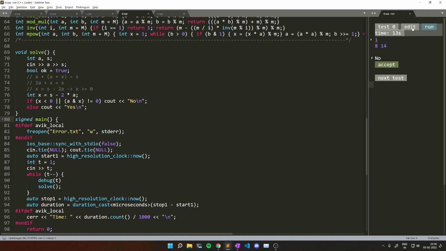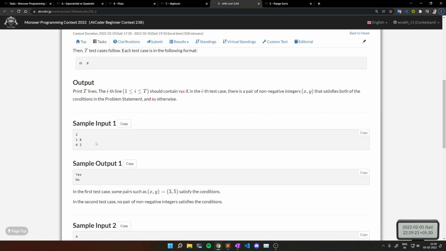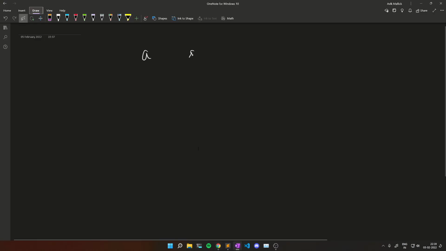No, these do not exist. 8 and 17. No, this one does not exist either. So none of these numbers exist in combination. So let's take the example 1 and 8. So AND is 1, sum is 8. We have to check if there exists any pair of numbers for which the AND of x and y will be 1 and x plus y will be 8.